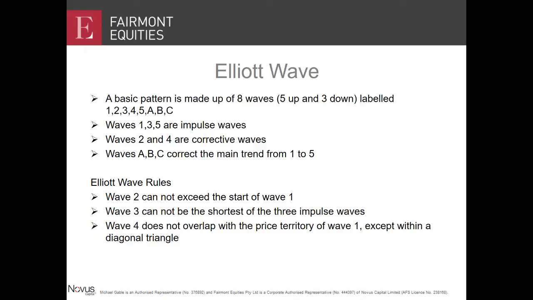And then waves A, B and C correct against the main trend. With the rules of Elliot Wave, wave 2 cannot exceed the start of wave 1, wave 3 cannot be the shortest, and wave 4 cannot overlap the price territory of wave 1, except when it's in a triangle.